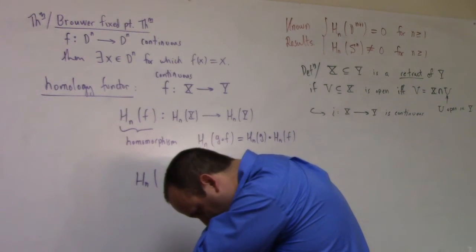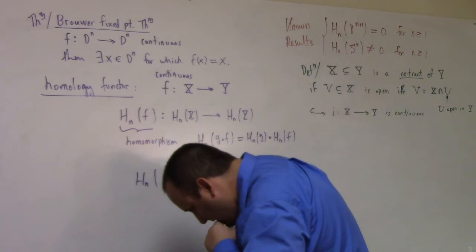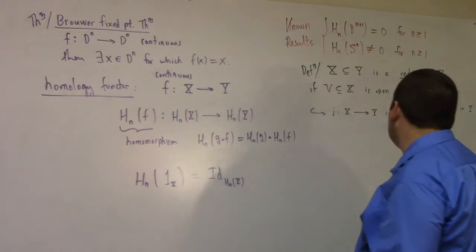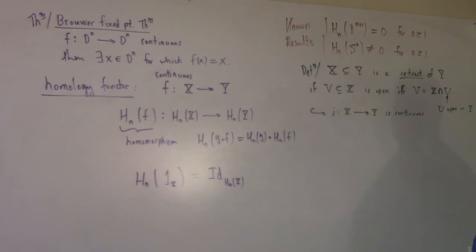Because the inverse image of a set in Y would just be X intersect Y. Like the inverse of the inclusion is just the intersection? I'm trying to remember.